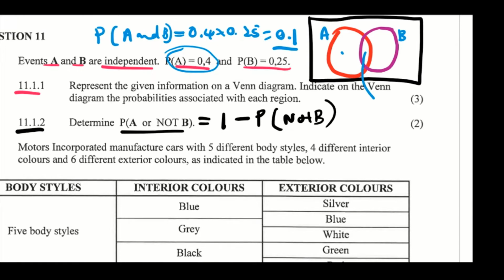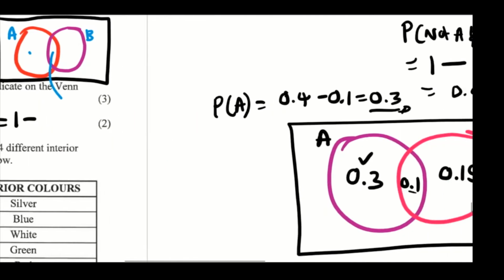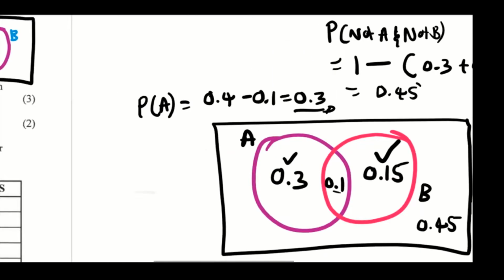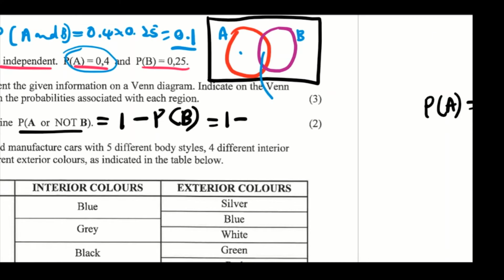So the probability of not B is 1 minus the probability of B. So we get 1 minus the probability of B, which we found to be this one here, 0.15, excluding the intersection.